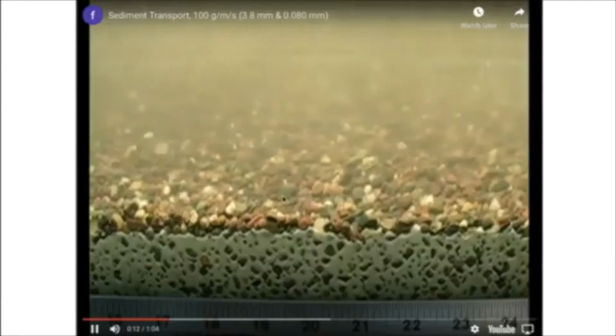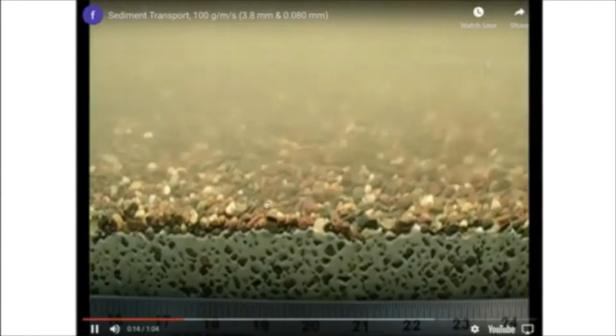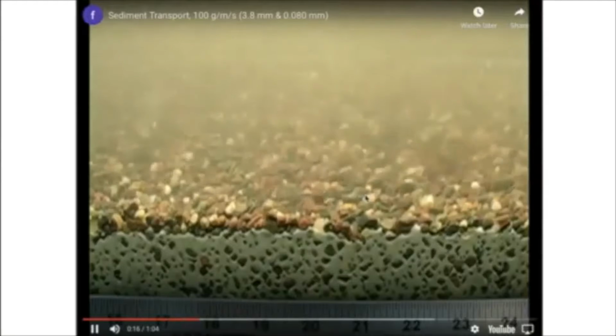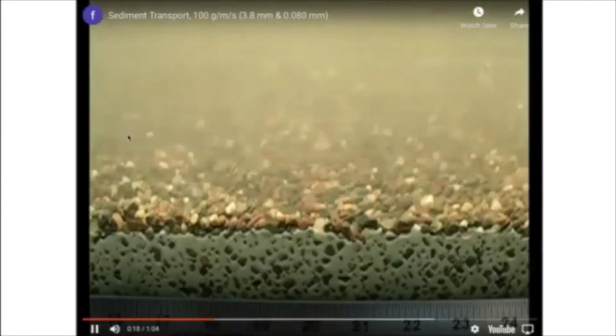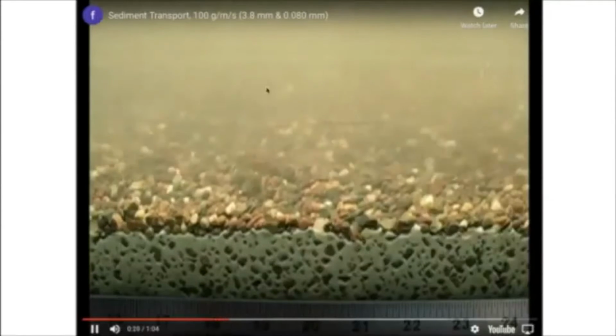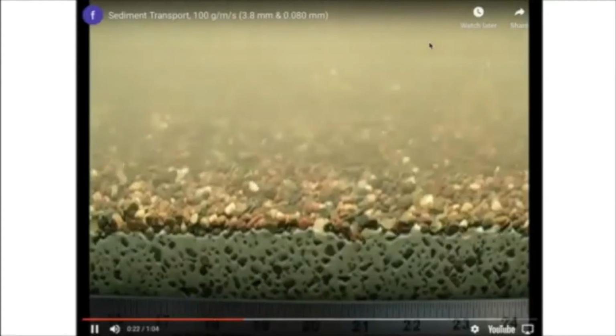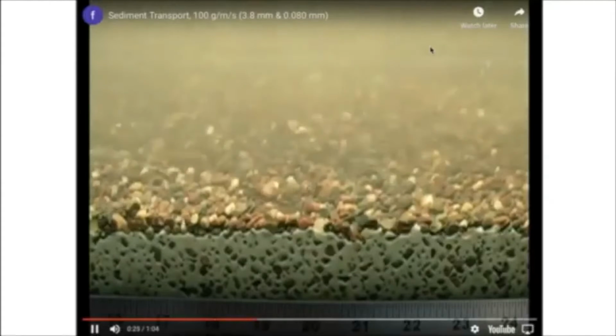Some are just bouncing along the bottom. That's that siltation movement. Some is considered bed load, moving with the flow, and then you can see how it's cloudy here. You have a lighter load that's being transported with the normal flow.